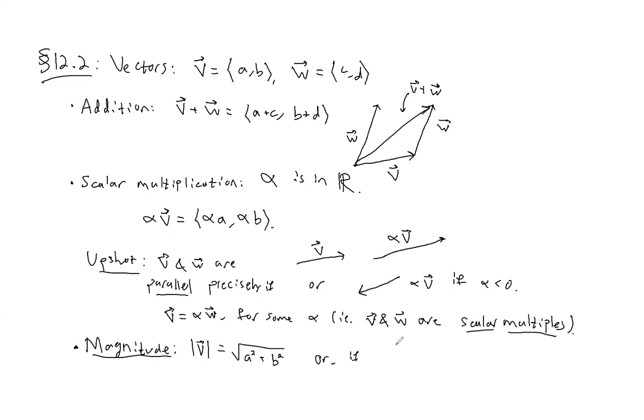Or you can do all of these things in 3 dimensions, by the way. The formulas are exactly analogous. So if, for example, V is (a, b, c), then the magnitude of V is the square root of a squared plus b squared plus c squared, right?